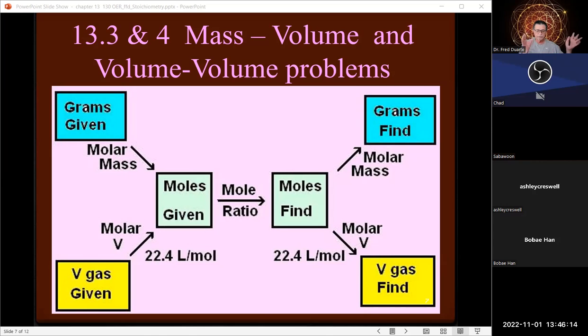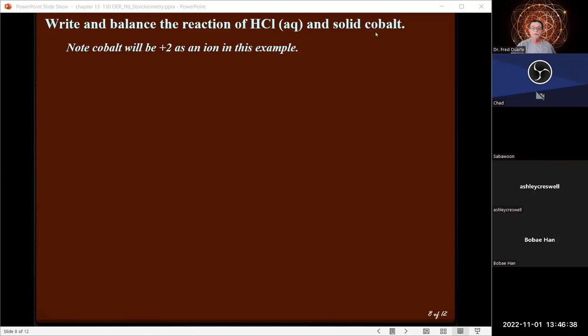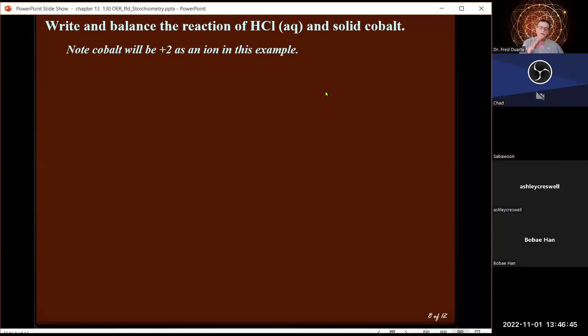So, like I stated, a typical type of problem given is you're given a reaction in words. From the words, you convert that to a chemical reaction with the formulas. From that, you balance it. And then from there, you do your calculations. All right. So, for example, here's a classic example. Write and balance the reaction of hydrochloric acid and cobalt.